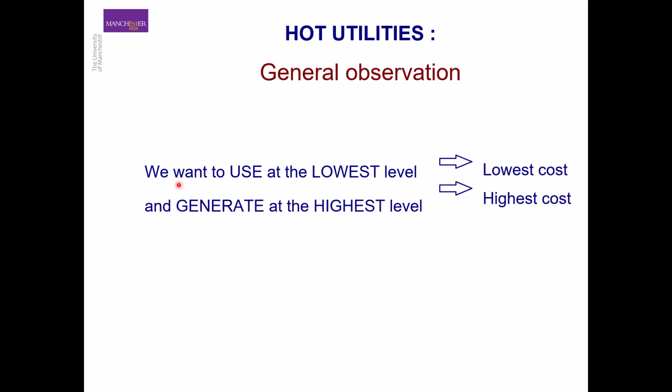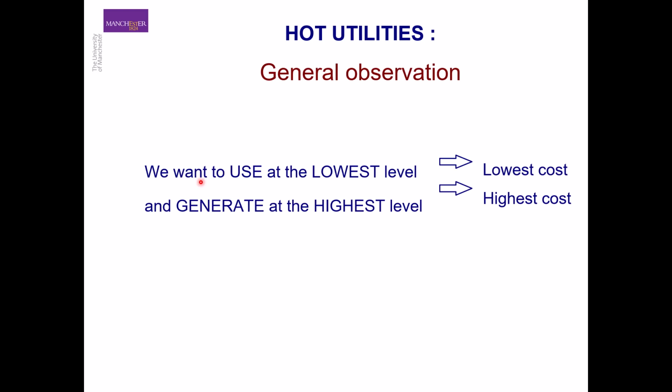So if you have to choose a hot utility between, for example, MP steam and LP steam, and both of these utilities can satisfy the demand of your process, we would prefer to use LP steam because LP steam is at low temperature, and it means that LP steam is cheaper than the MP steam and the HP steam.